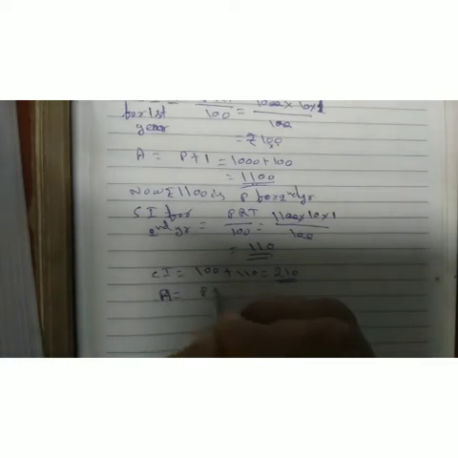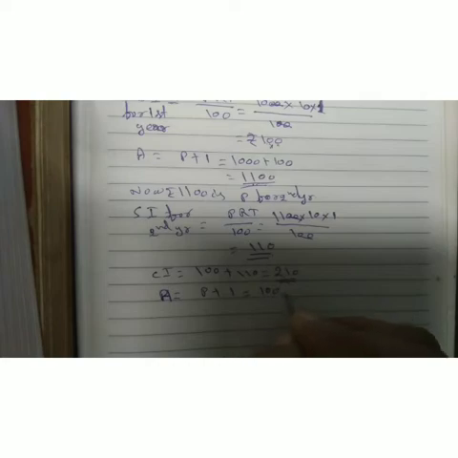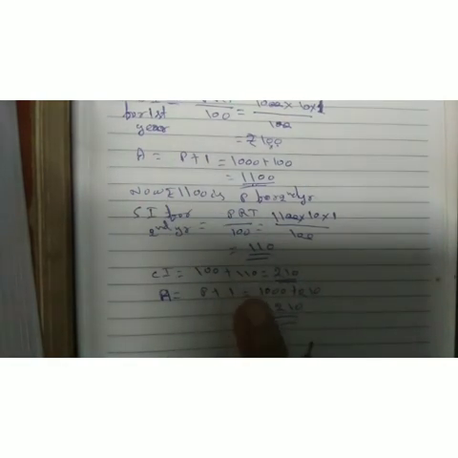Amount is equal to P plus interest. So P is equal to 1000 plus 210. So it is 1210 rupees. Okay. So we can calculate the compound interest like this.